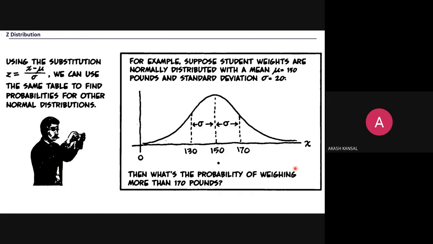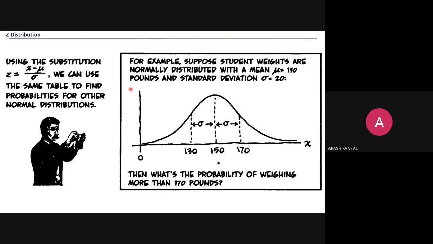Now, you can use this substitution (x minus mu) upon sigma, and you can use the table also to find the probabilities for other normal distributions. Let's see how. As an example, let's pick up some student weights. Let's say we have picked up data for the student weights, and we try to see the distribution. Now when we plot it, we see that it's normally distributed, and the mean is 150 with a standard deviation of 20.